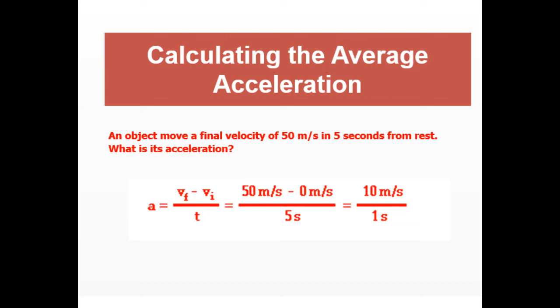Let's just assume that there is a direction, whether north, south, east, or west, because velocity is a vector quantity, over a period of 5 seconds.